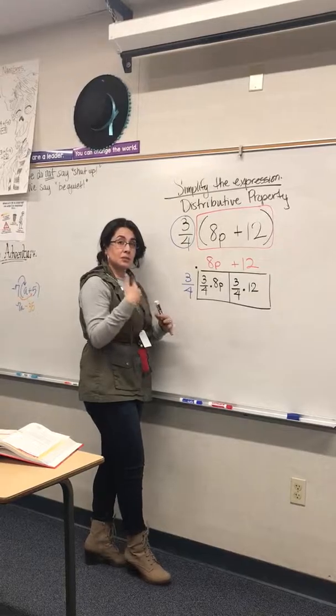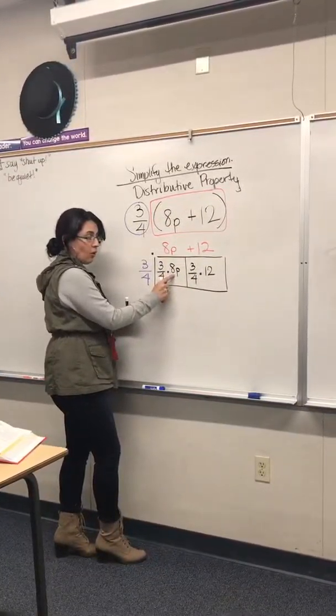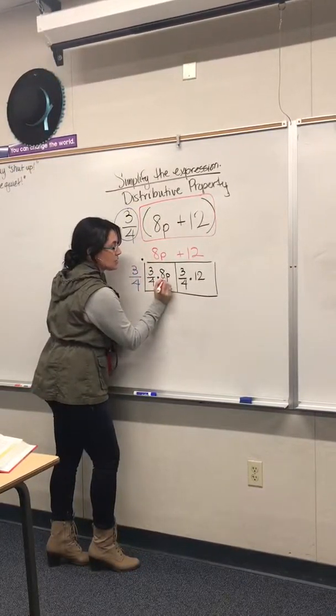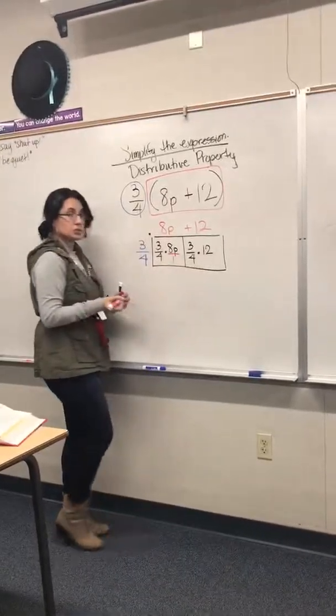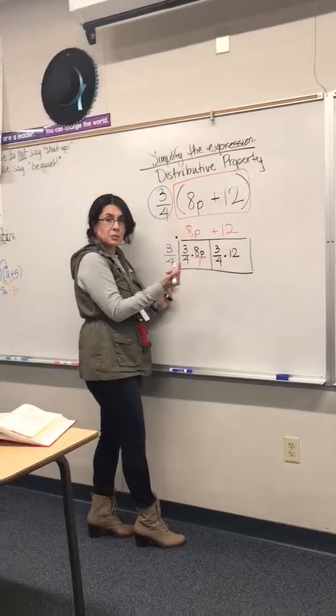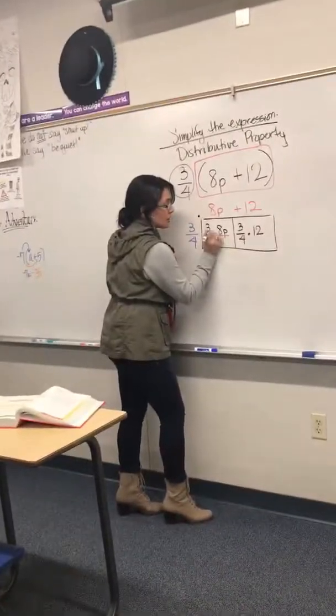So just like we've done before when we're multiplying fractions by a whole number, this whole number term needs a 1 underneath it. There's that invisible 1. I told you invisible 1s are going to be there all the time now. So just like we multiply regular fractions, we're going to multiply straight across.